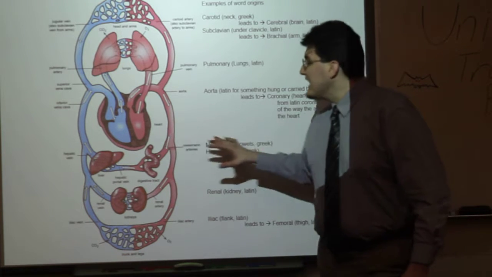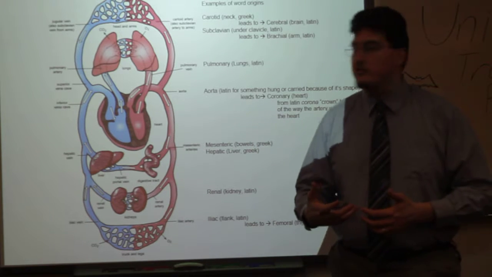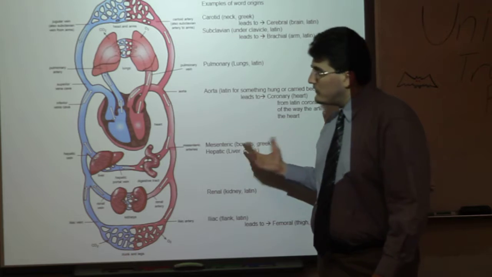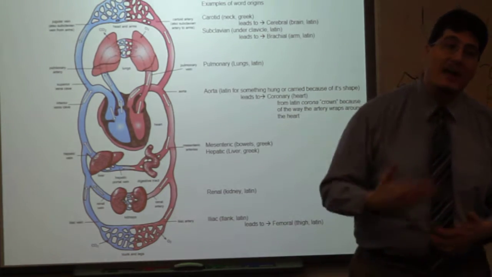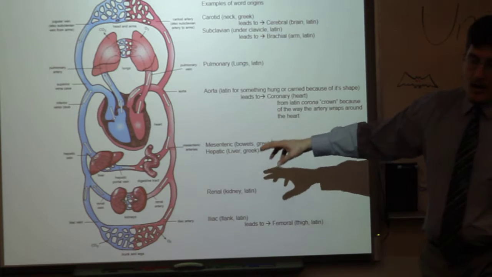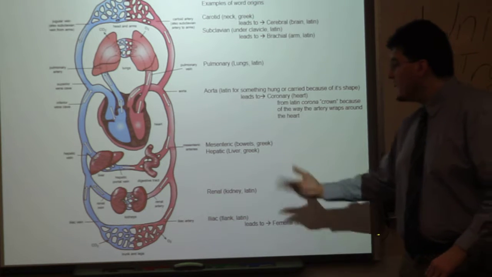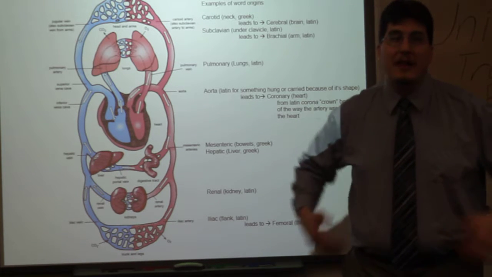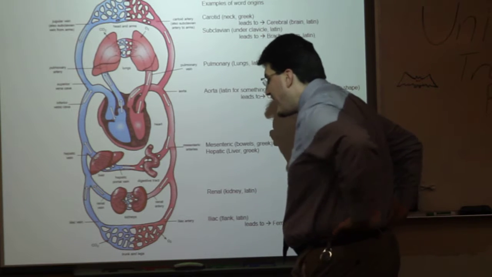Now, mesenteric, this is Greek for bowels, mesenteros. Hepatos is the liver, Greek for liver, so the hepatic artery and vein. Renal. Renal is Latin for kidneys. Iliacus is Latin for the flanks, and the flanks are here.